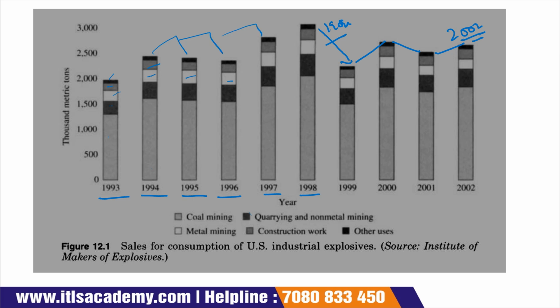So in this graph, each part represents a different thing. The lower part represents coal mining, then above it quarrying and non-metal mining, then metal mining, then construction work, and at the end other uses. So it represents 1,000 metric tons of sales consumption of United States industrial explosives.